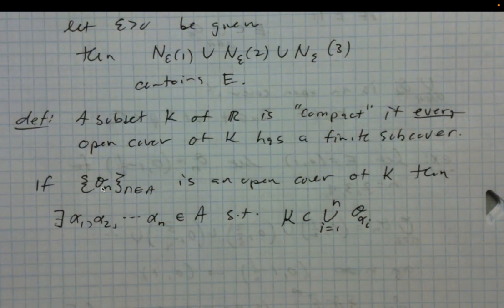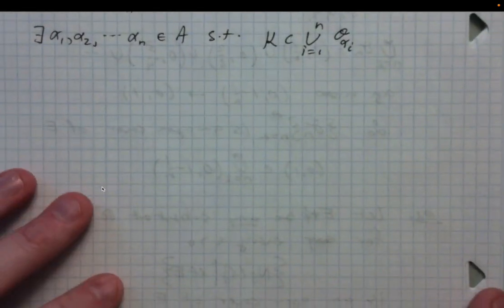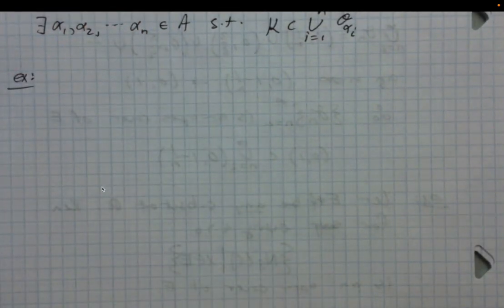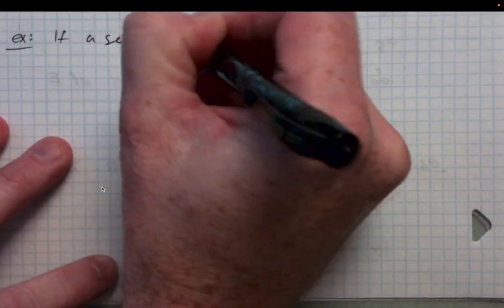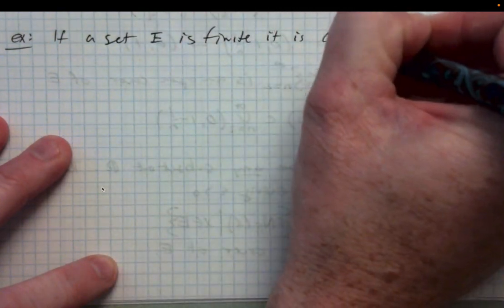All right, let's take a look at some examples of compact sets and some counterexamples. Again, examples are very important in math, if you haven't already discovered that fact. Obviously, I'm probably preaching to the choir with anybody watching this. If a set E is finite, it's automatically compact. So if a set E is finite, it is compact.